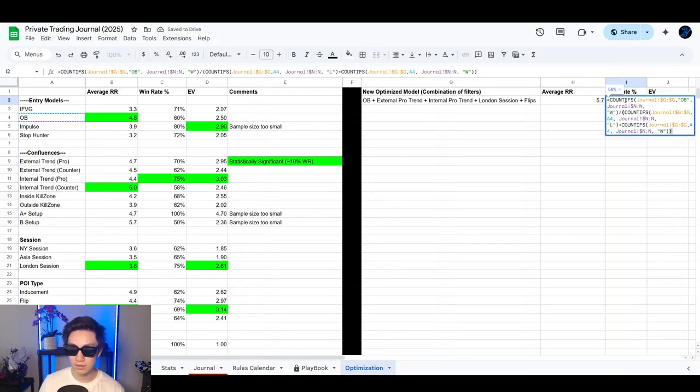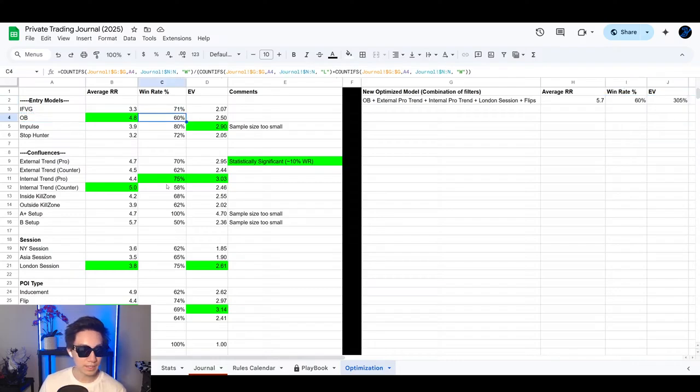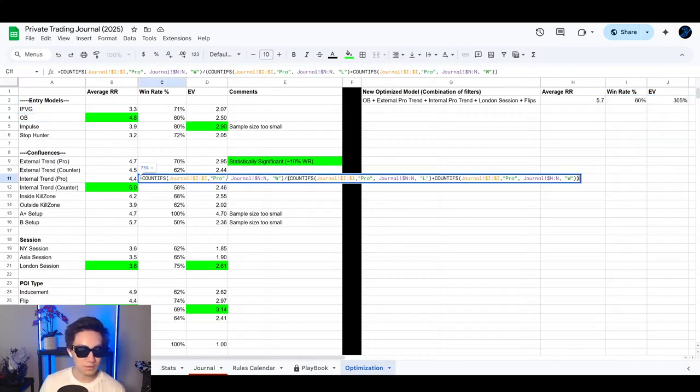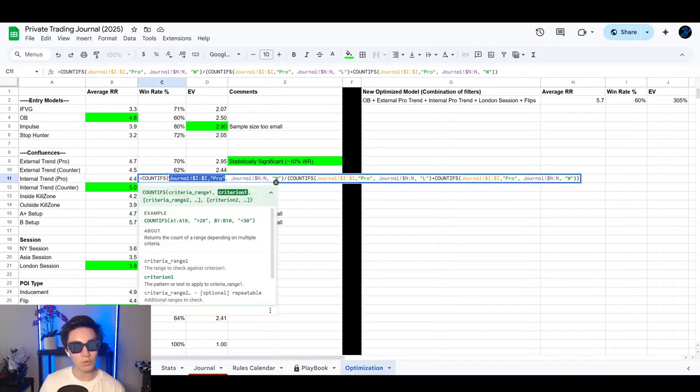And then we will also add this. Oh, wait, hold on. I just realized something. This is in Factoring Pro, but it's counting the window of Pro.